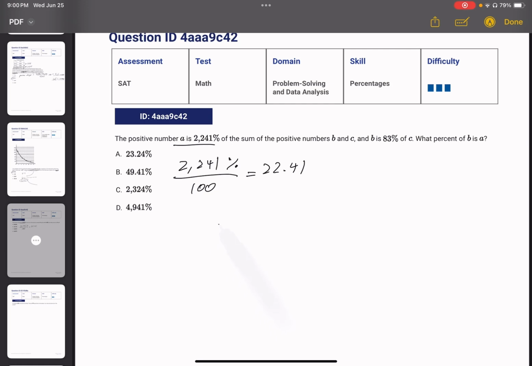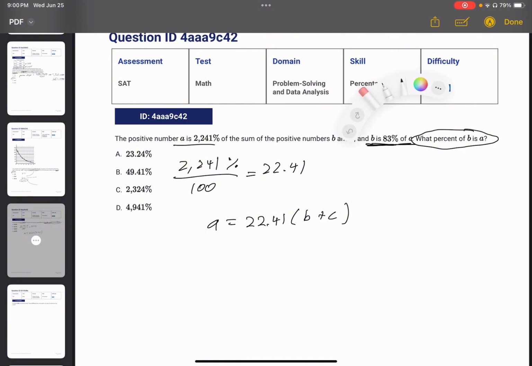Since A is 2,241% of the sum of the positive numbers B and C, A is equal to 22.41 times the sum of the numbers B and C, as stated in the problem. But we're trying to find what percent of B is A. So we need to set A equal to only B values. To do that, we need to look at this fact right here. Let me clear this up for you guys.